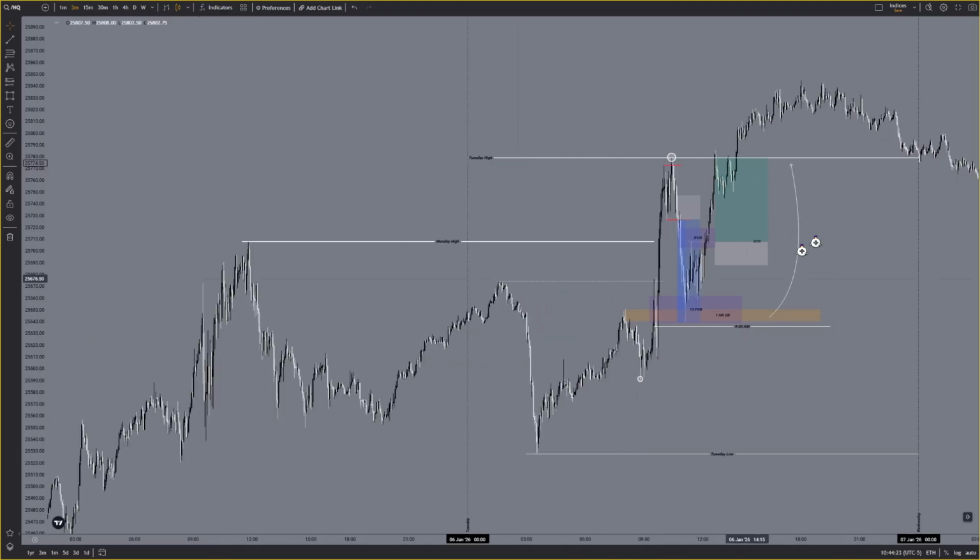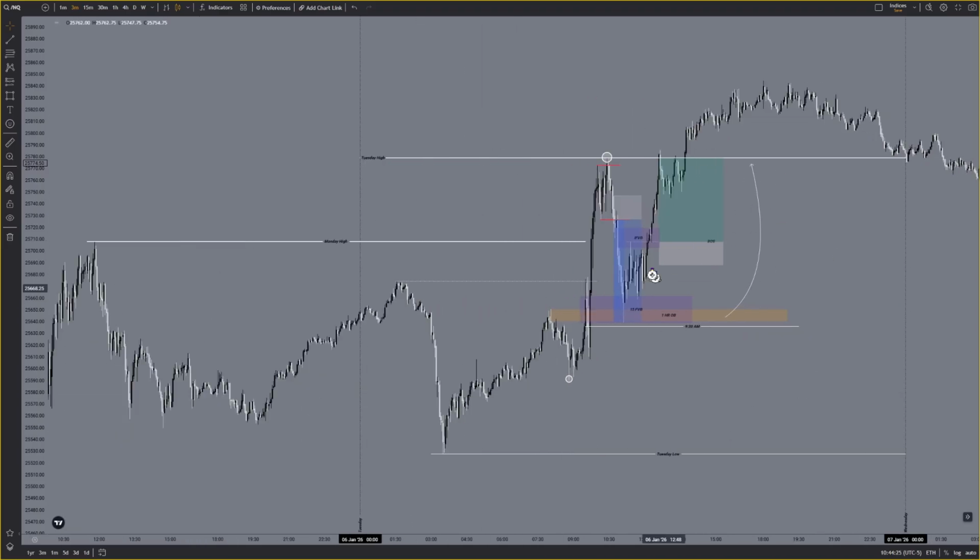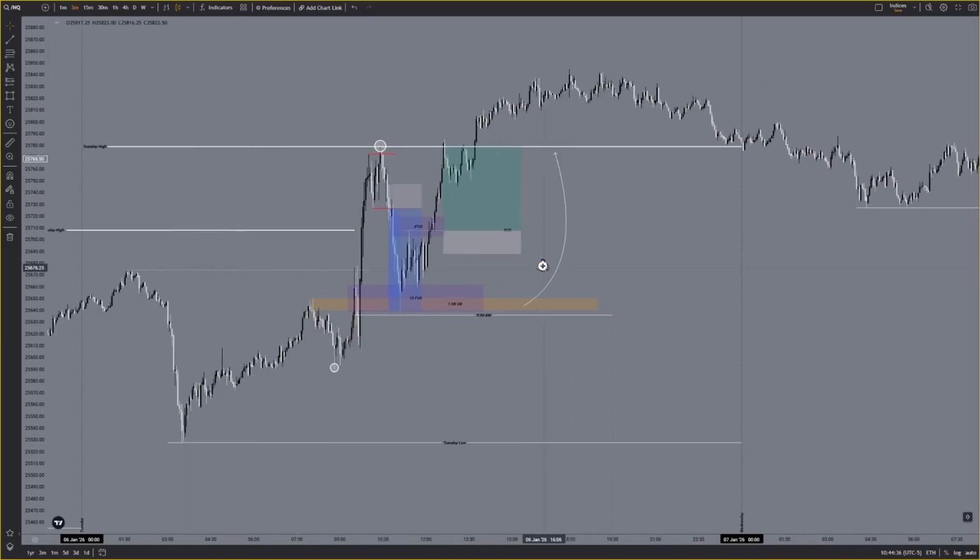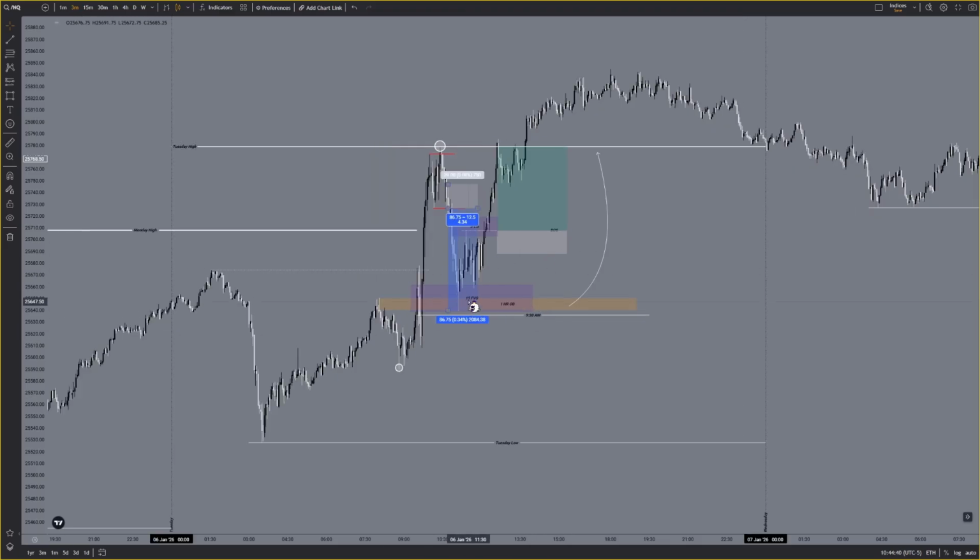So being able to see that play out and everything that you're looking for, give you the setup that you're looking for. That's probably a perfect case scenario of everything that you would be looking for within an order block play, and for price to pretty much create that low in that next leg to be expanded into Tuesday's high that was up here.